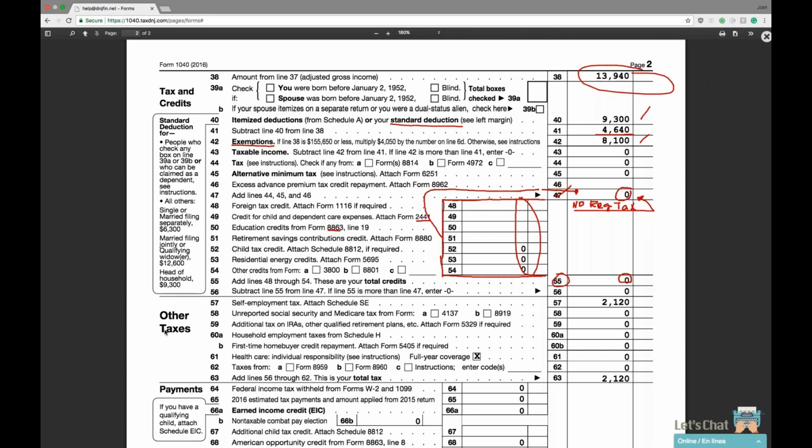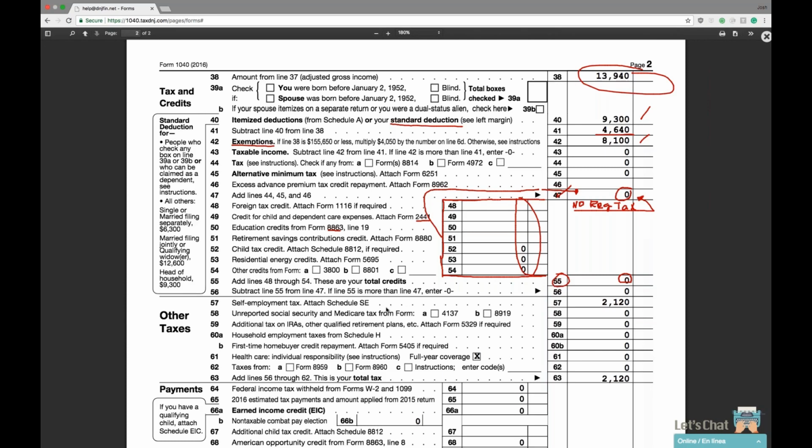Okay. So you want to make sure that whenever you're going through the 1040, you understand these numbers, and you're able to explain to your customer why he's getting a refund or why he's not getting a refund. The customer is going to ask you, hey, but what about my dependent child tax credit? What happened to my child tax credit?